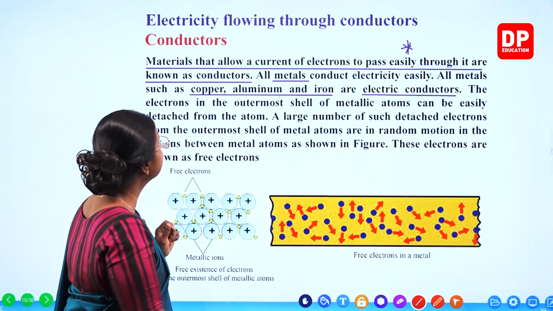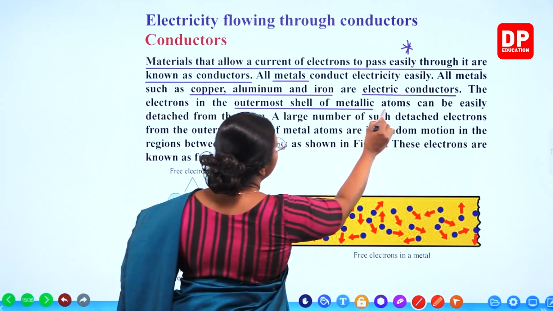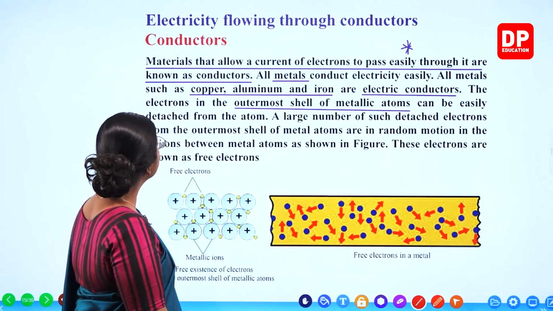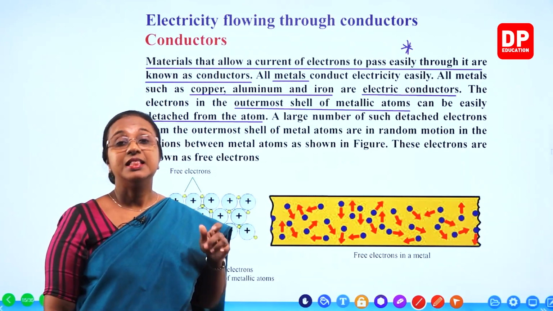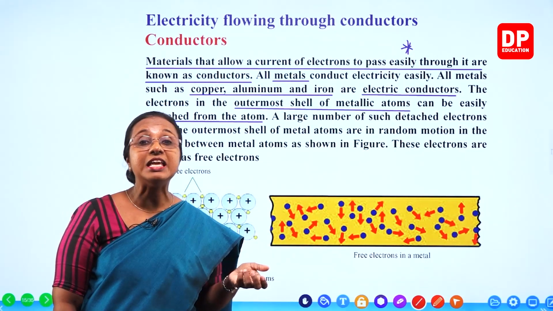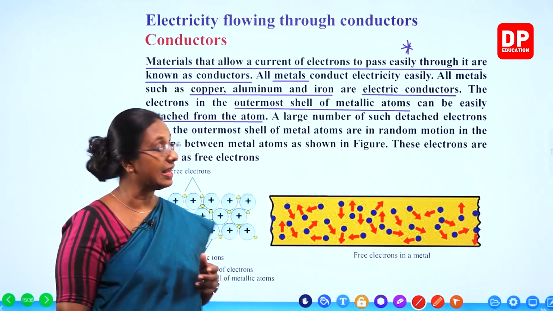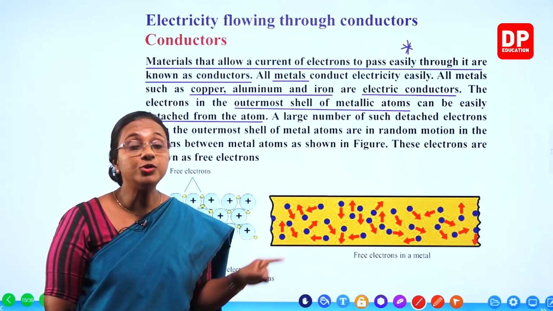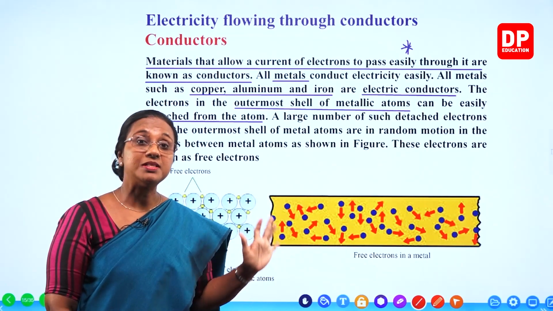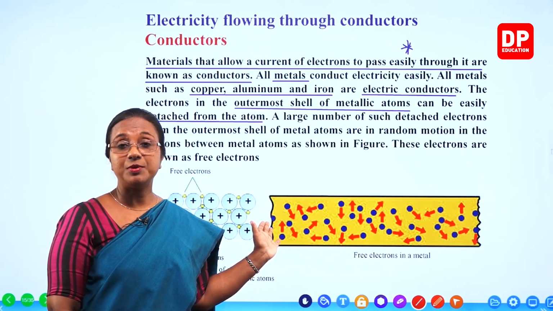The electrons in the outermost shell of metallic atoms can be easily detached from the atoms. That is what I told you as free electrons or mobile electrons, the electrons present in the outermost shell. You can remember the structure we discussed in the previous chapter also.